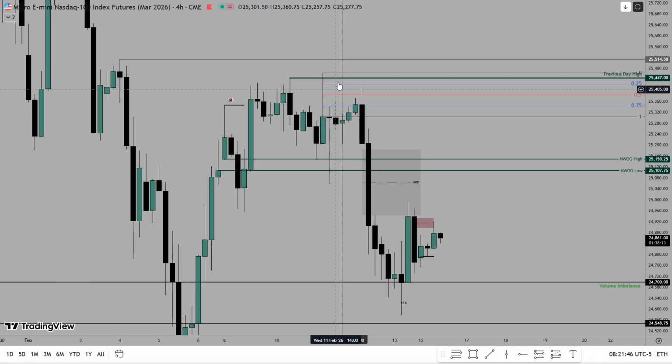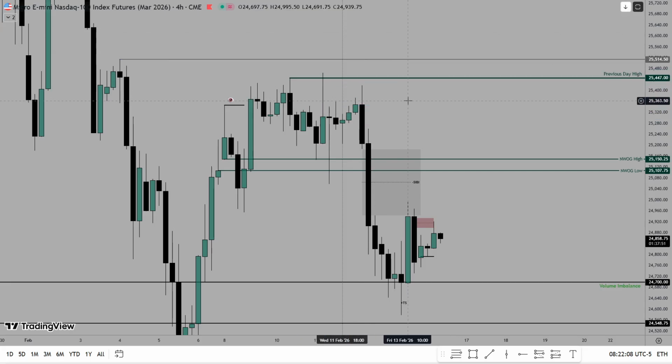The candle took out this previous day high. That means this is the Wednesday 6 a.m. 4 hour candle. It took out Tuesday's high and price respected the consequent encroachment of this premium week. It indicates that price wants to move lower, and that's why I was looking for the short.